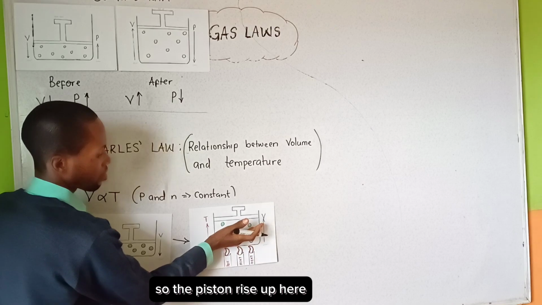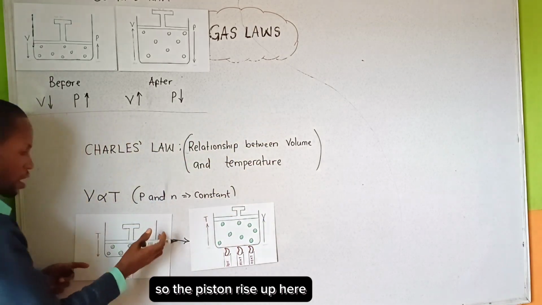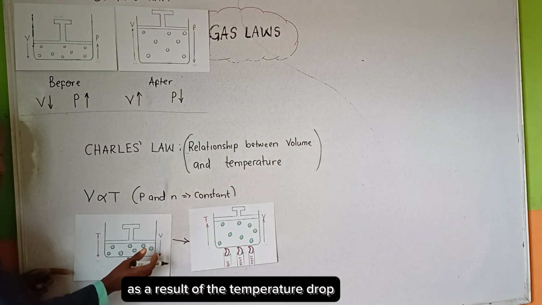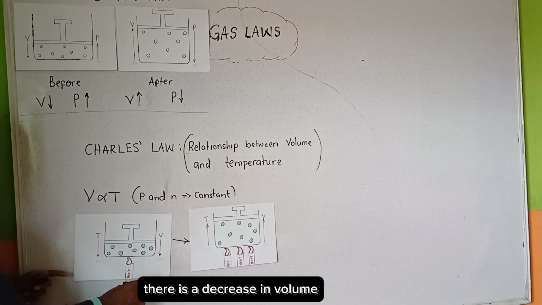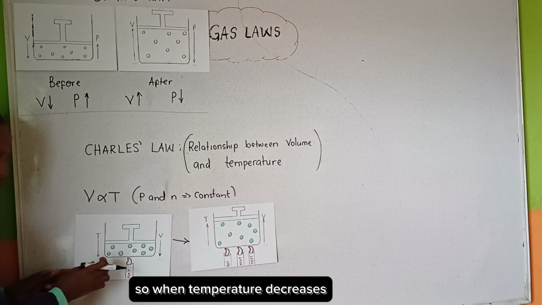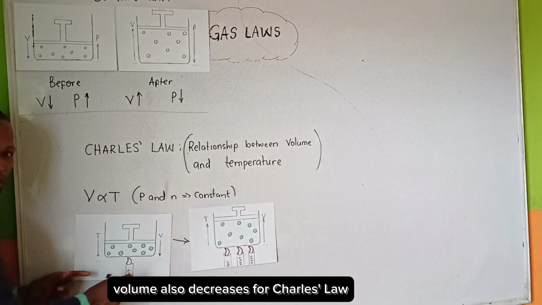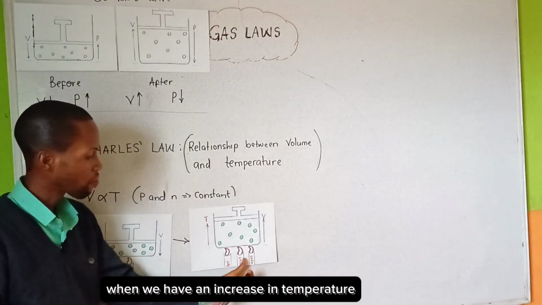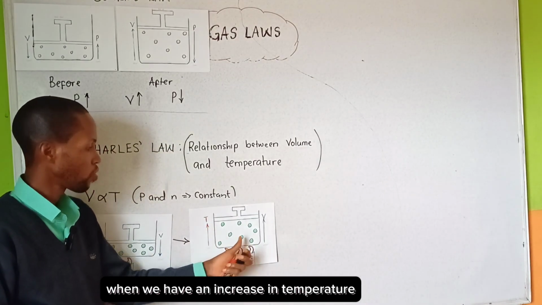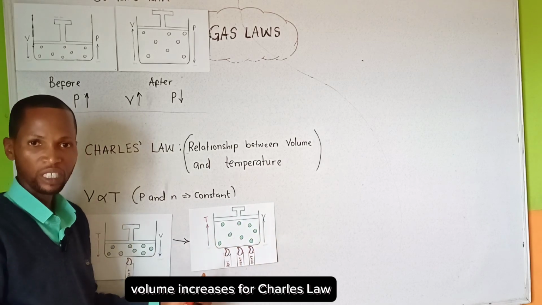So the piston rises up. Here, as a result of the temperature drop, there is a decrease in volume. So when temperature decreases, volume also decreases for Charles's law. When we have an increase in temperature, volume increases for Charles's law.